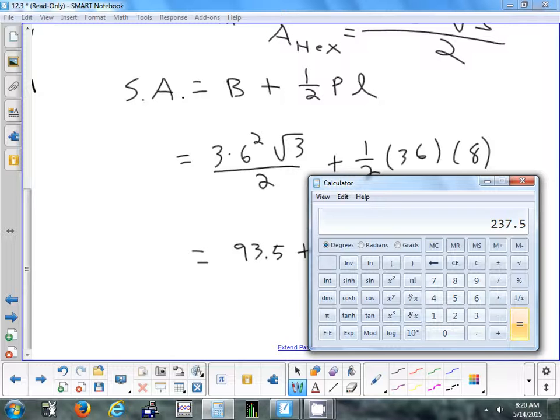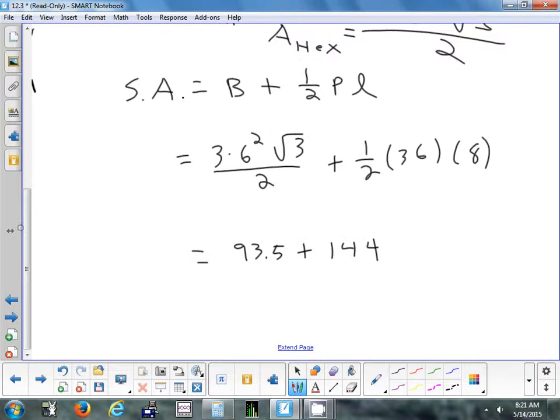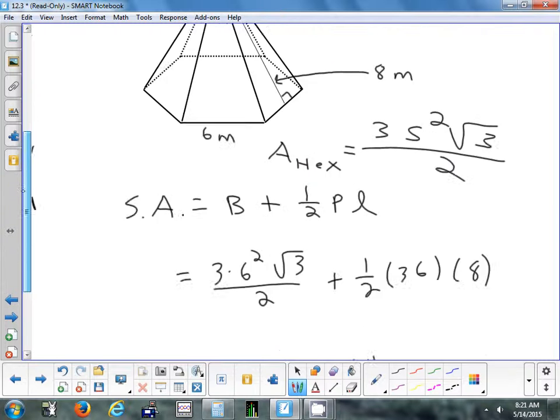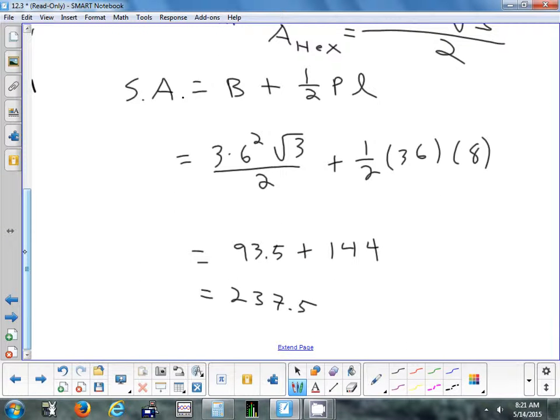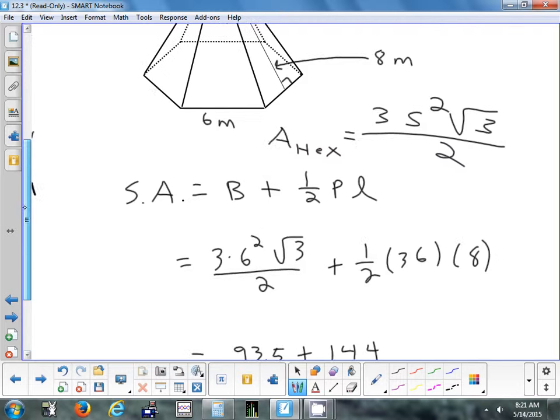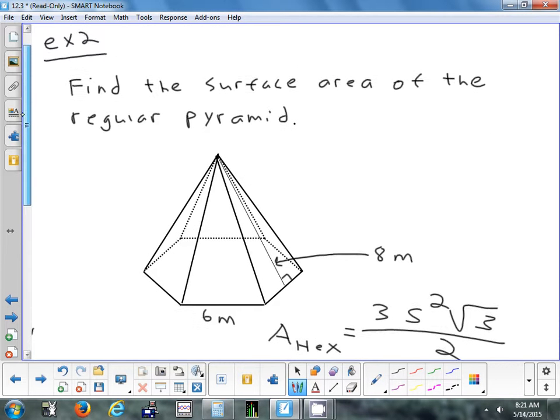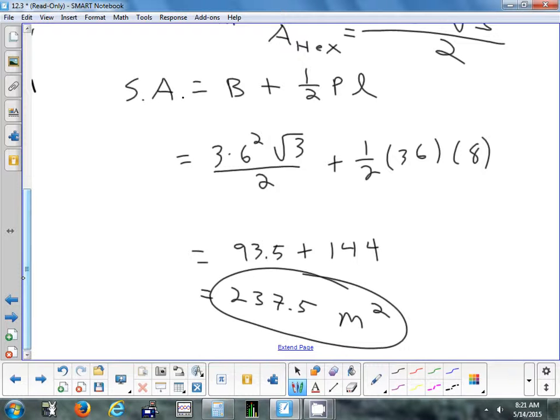Just plugging numbers into formulas. There's no proofs. There's nothing that's too hard about this kind of stuff. So it's 237.5. Make sure you put the right label, square meters. And that's the total surface area of that pyramid.